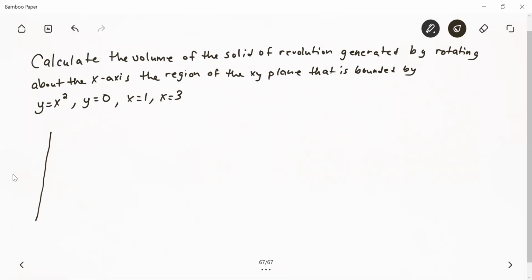Okay, so let's draw this out to see what they're asking for. Here's my y equals x squared, and this is my y-axis. My x equals 1 and my x equals 3, so I'm going to go from here to here, and I am going to revolve this around the x-axis.